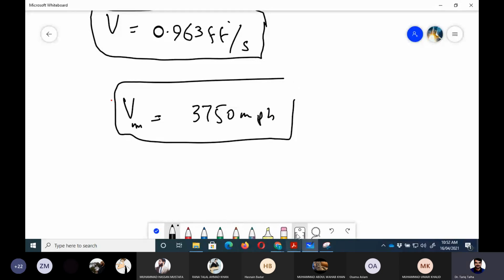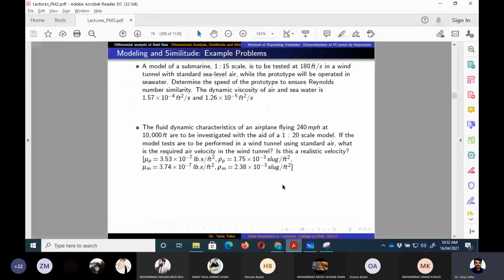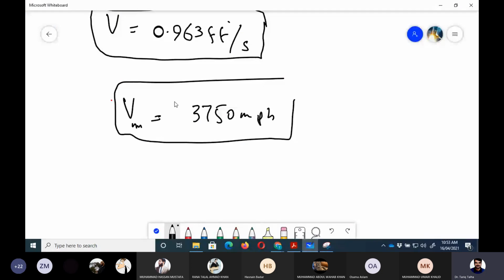Now if you see the statement here, the last bit is: is this a realistic velocity? We know that it is very difficult to get 3750 mile per hour in a wind tunnel. So it is not realistic. So what is the alternative now?